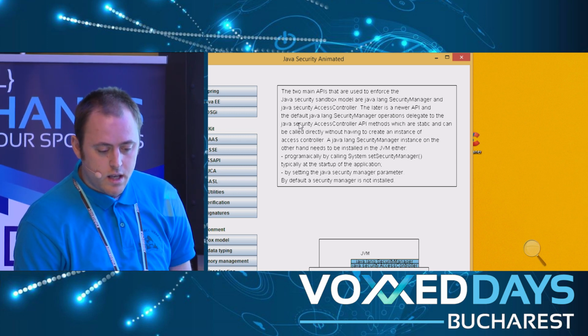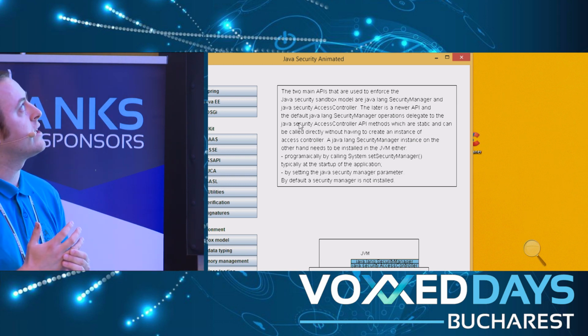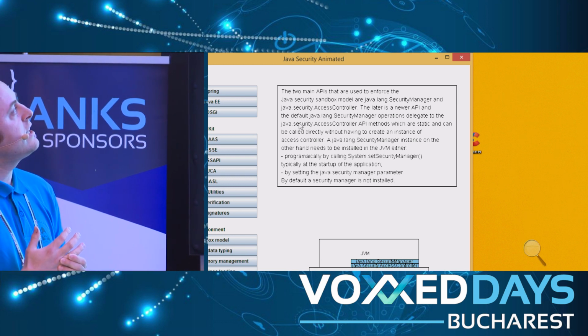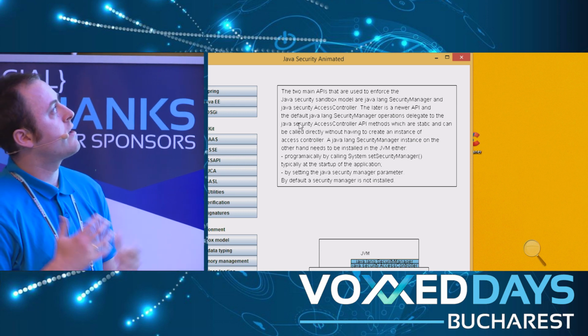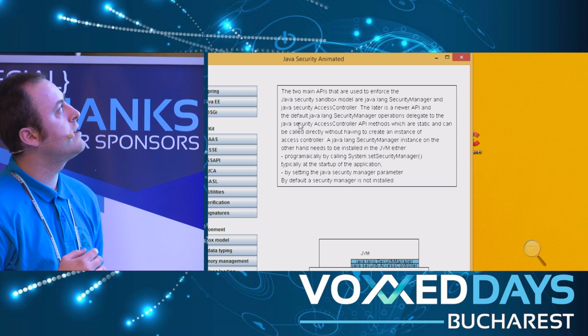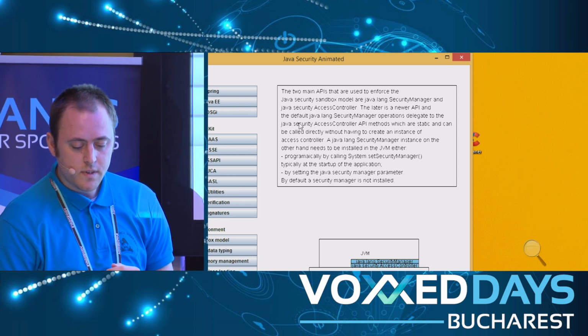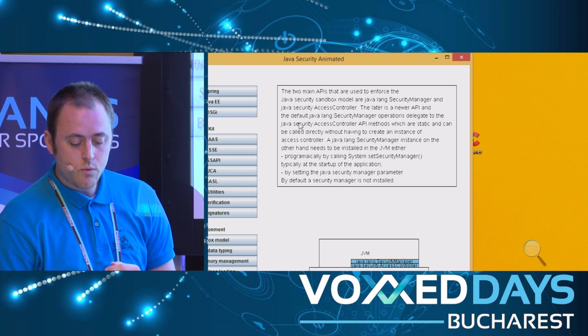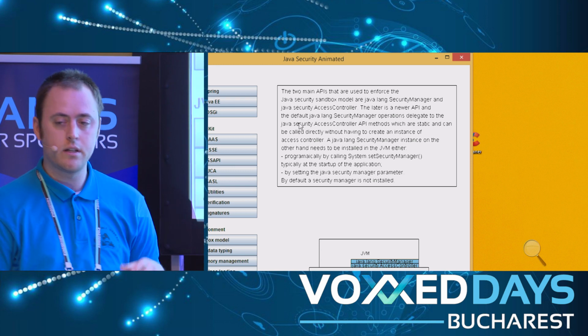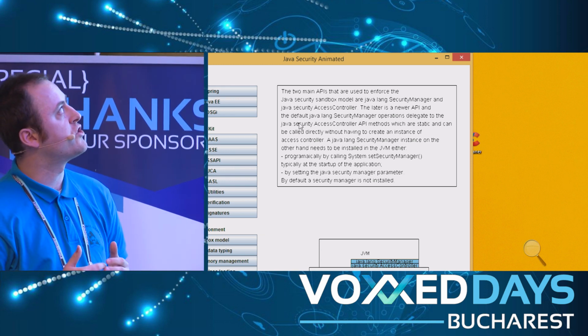Okay? And as we said, the protection domain for each class is set during class loading. It encapsulates the information of where our classes are loaded from and the set of permissions. You can get it using getProtectionDomain, which is on the class instance. And then when the permissions are set during class loading, you can use the security manager to do permission checking.